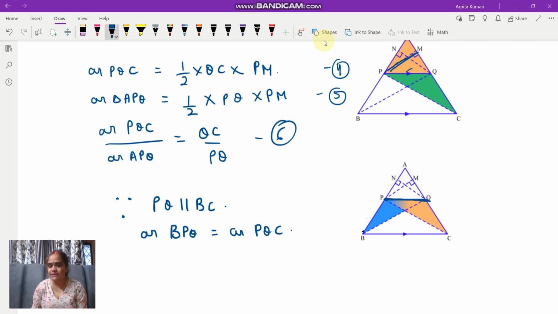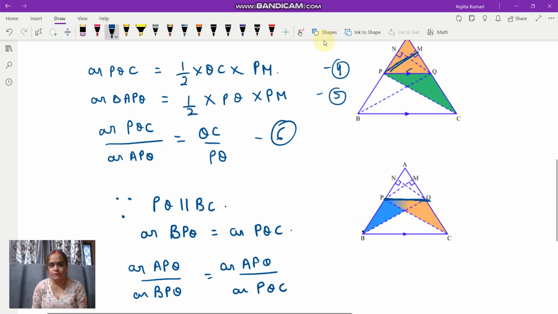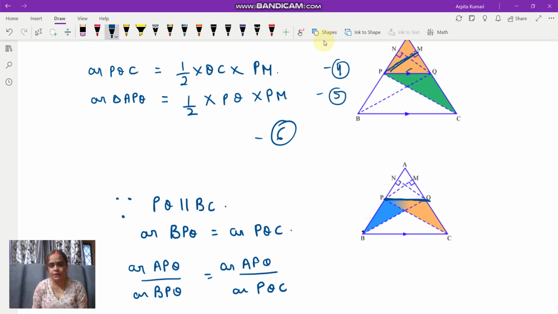So can we say that the ratio of area of APQ by BPQ would be equal to area of APQ by area of PQC? Just write it this way: because in both cases we take APQ in the numerator.